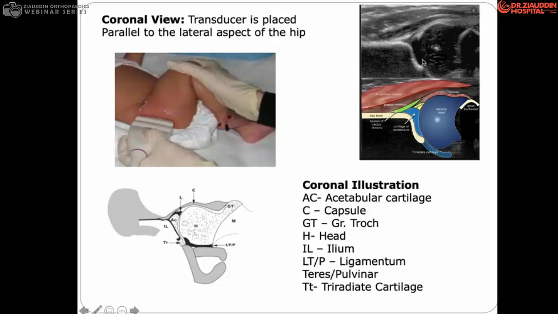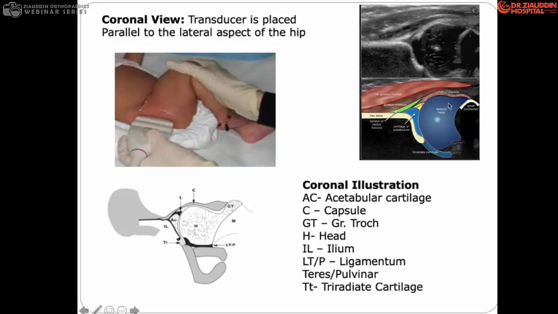They draw multiple lines on this, and this is the focus of the femoral head. This is the greater trochanter. This is the labrum. This is the capsule. This is the axis of the ilium. This is the anterior coverage of the bone, called the iliac portion of the acetabulum. This is the triradiate cartilage, and after the triradiate, this is the ischium, and here is the femur.